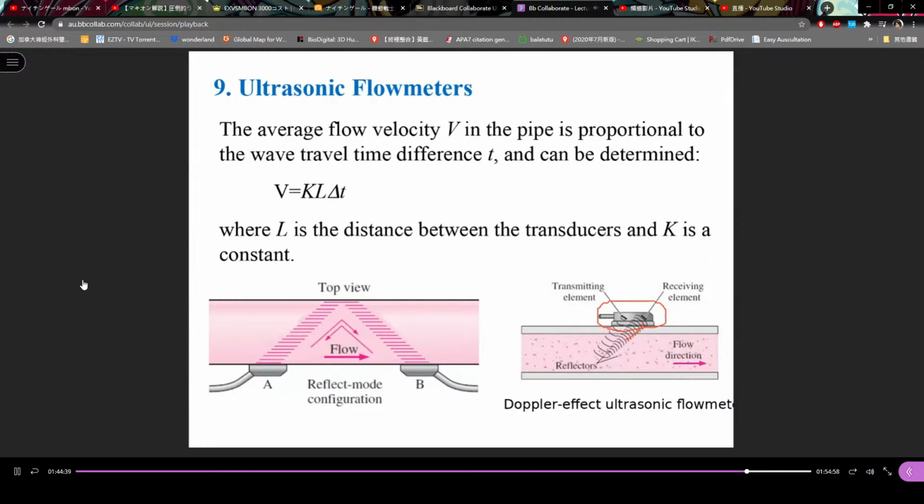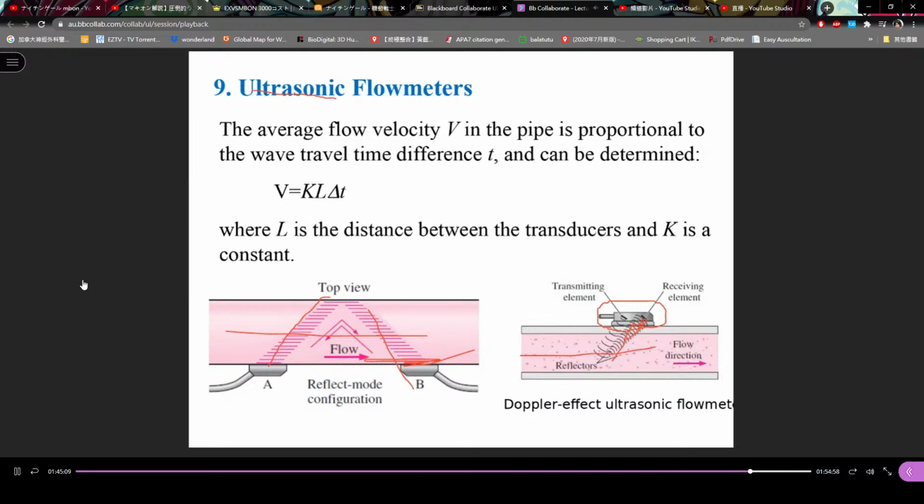Ultrasonic signal. Send the ultrasonic signal and receive it, then with higher velocity you receive a different signal. For different velocity, you receive different signal, because the flow will disturb the ultrasonic signal.